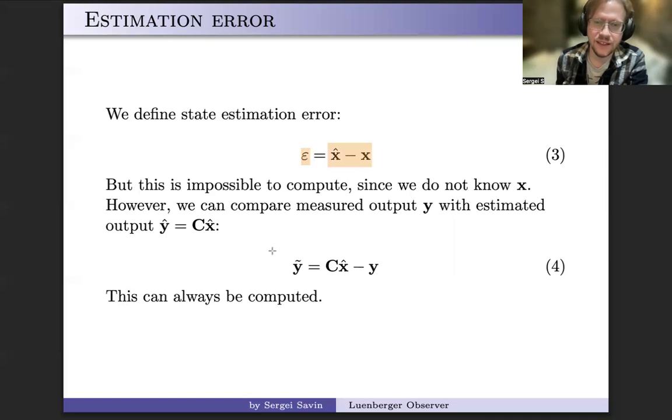So that is why we introduce another error, the output error. Those types of errors we will describe as y tilde. Notice this small tilde here. This y tilde is how we're describing the difference between y hat and y.